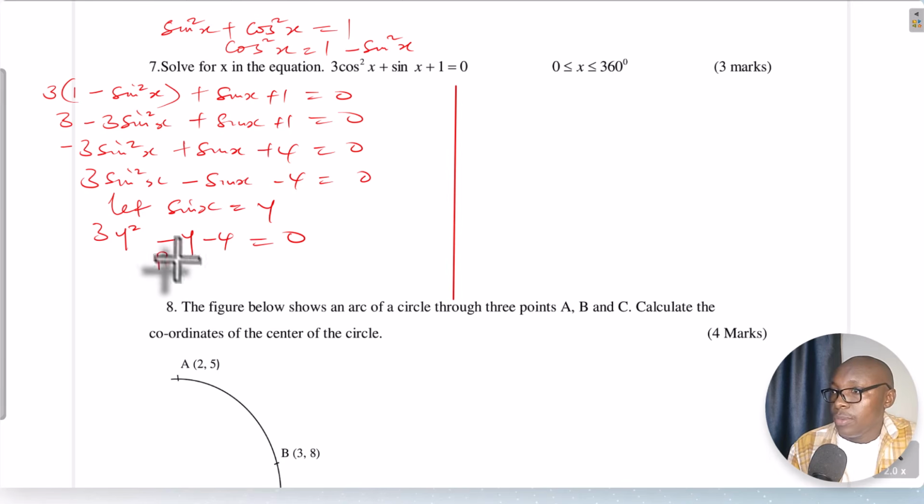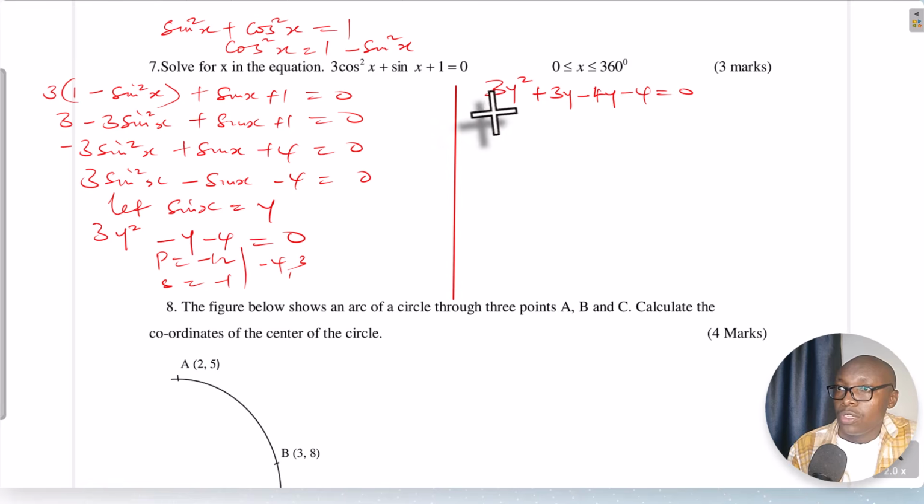So look for two numbers whose product is negative 12 and sum is negative 1. This is negative 4 and 3. So we have 3y squared plus 3y minus 4y minus 4 is equal to 0.